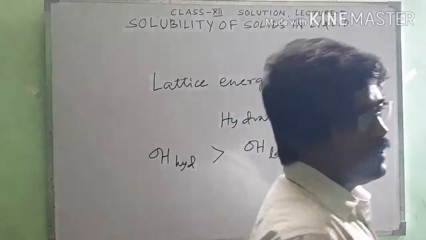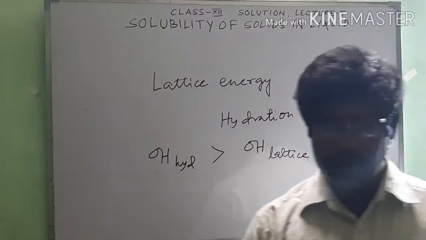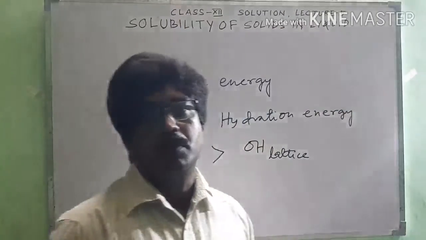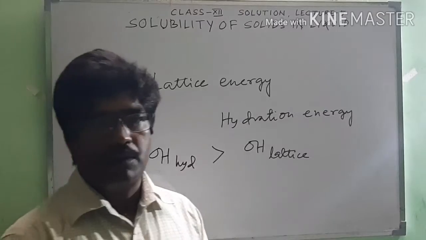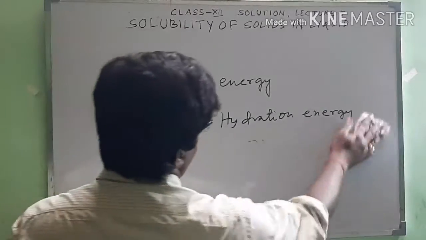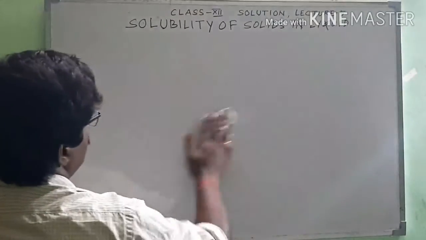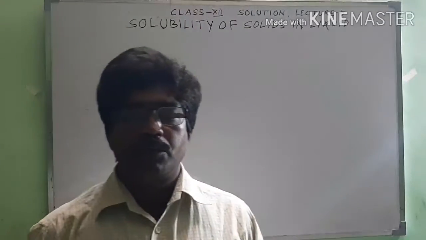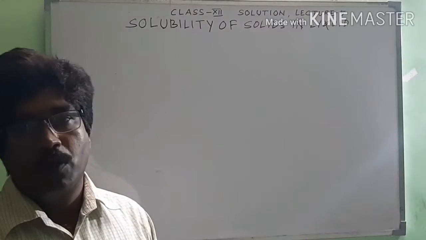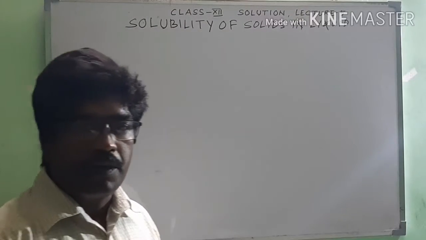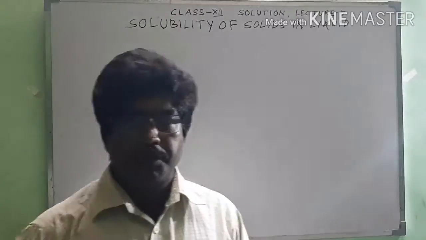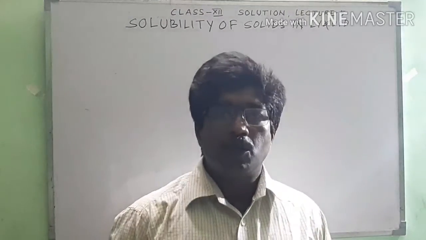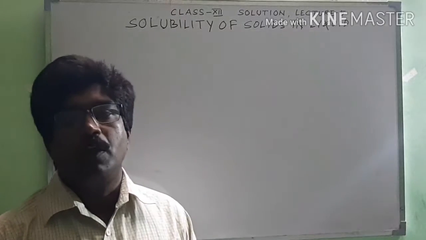The polar solvent only gives this energy and the ionic compound dissolves in polar solvent like water. Non-ionic compounds do not dissolve in polar solvent. There are some other solvents, non-polar solvents like benzene, chloroform, carbon tetrachloride.